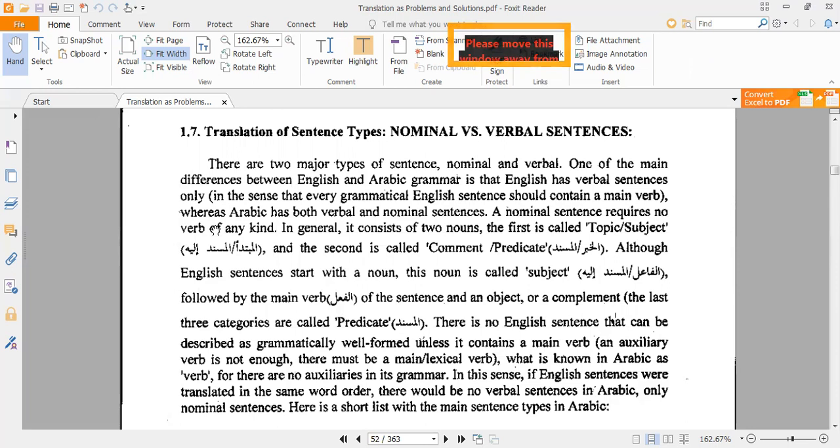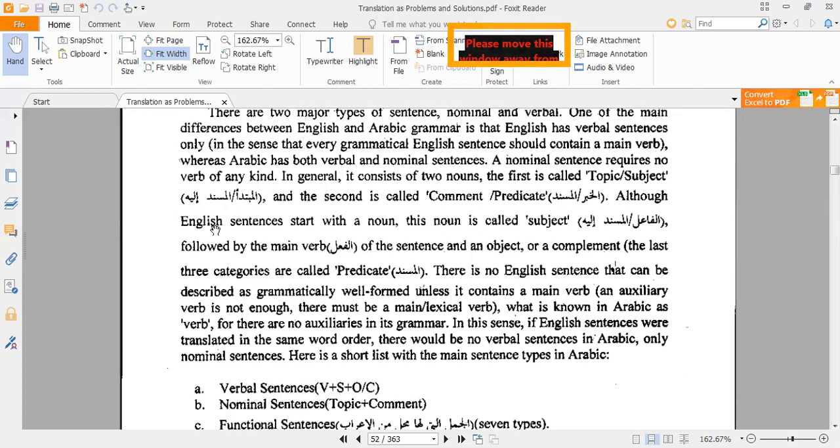They do not have a verb, such as الطالب الذكي or أحمد طالب ذكي. This sentence has no verb at all, so I call it a nominal sentence, جملة اسمية. The verbal sentence includes a verb, يعني جملة فيها فعل: أكل أحمد التفاحة or Ahmed ate an apple. So here I have a verb.